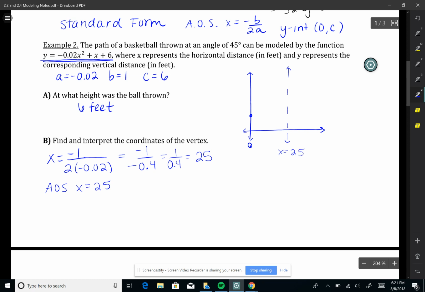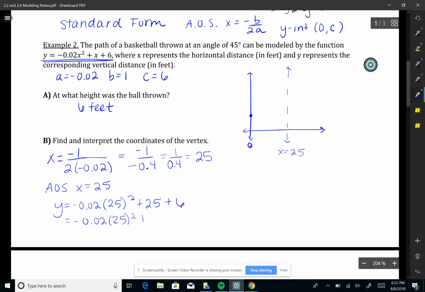Now I need to know where my point is, my vertex, on that axis of symmetry. So I plug 25 into my function. Y equals negative 0.02 times 25 squared plus 25 plus 6. So I'm going to plug this into my calculator. If you want to simplify some of the stuff first, you certainly can.